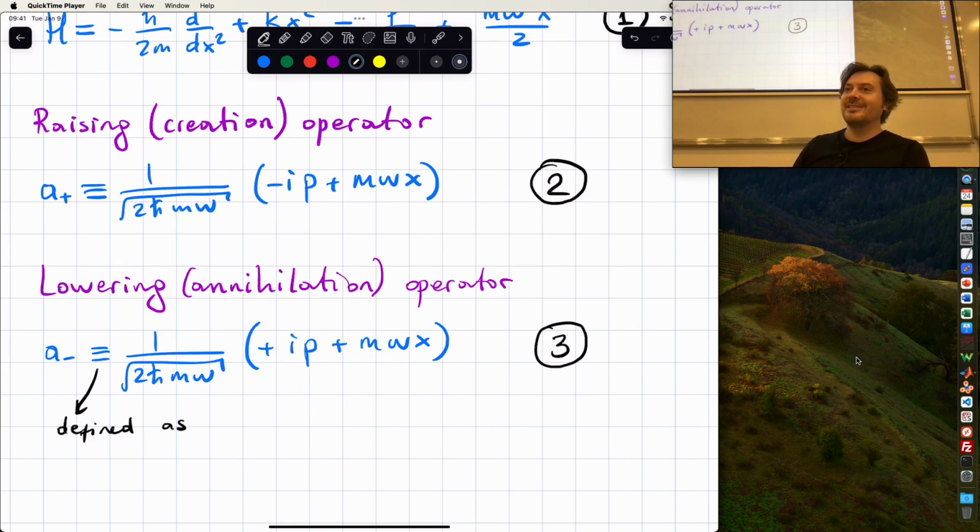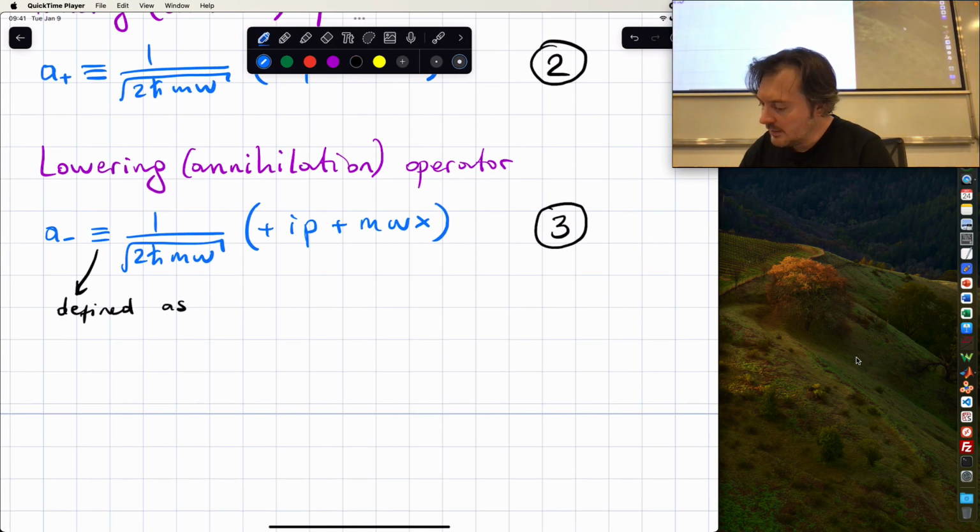Why are we calling the second and third equations raising and lowering operators? It will be apparent very soon. It will be clear very soon. You just need to wait a little more. All right. Just hang in there. It will be all fine.